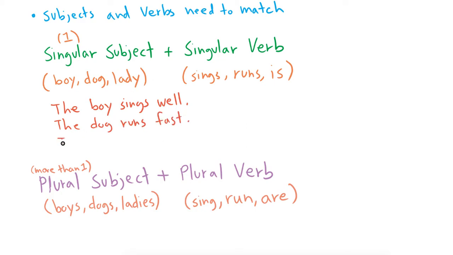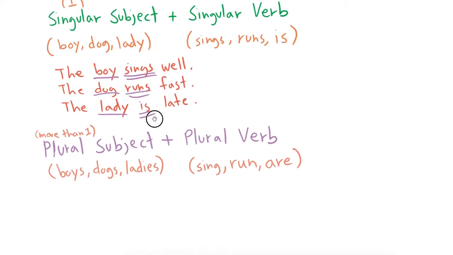I can say the lady is late. Okay, so in these sentences, my subject matches with my verb. I have a singular subject that matches with a singular verb. All right, same thing here. Dog singular, runs singular, lady singular, is singular verb.